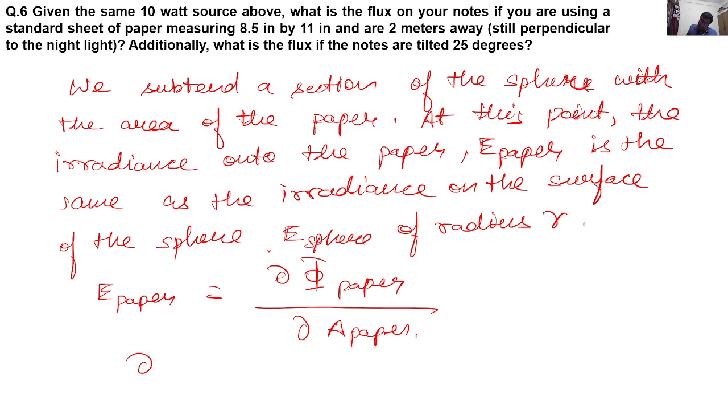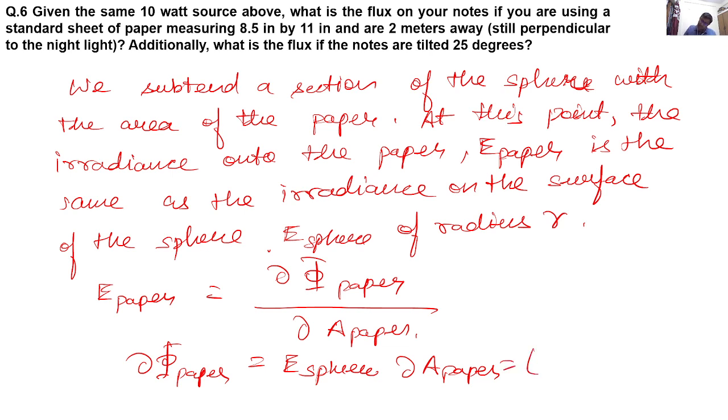So we need to find out what is the flux. The flux we need to find. So delta phi paper would be E sphere times delta A paper. We just need to change the area.